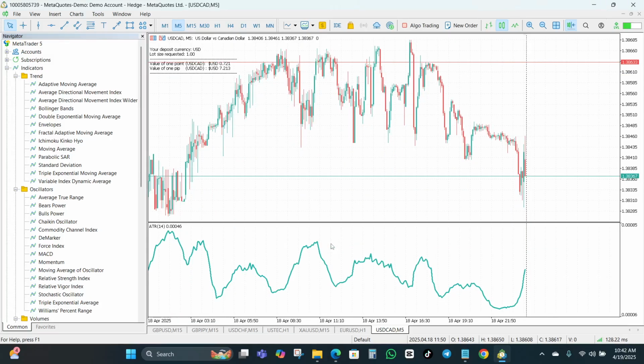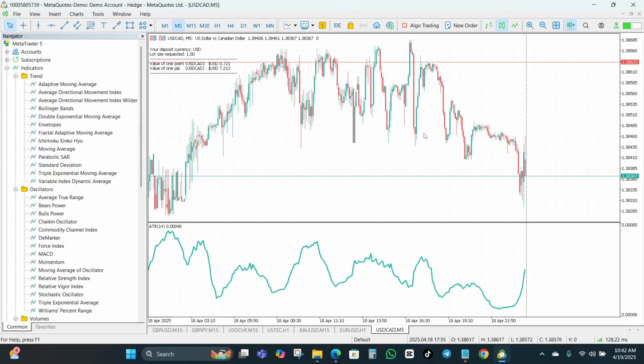The ATR does not tell you the direction of the move. That's one thing that you should know. It doesn't tell you the direction of the move, but it tells you how much the market is moving. So this is perfect for setting stop loss and take profit levels that are aligned with market volatility.